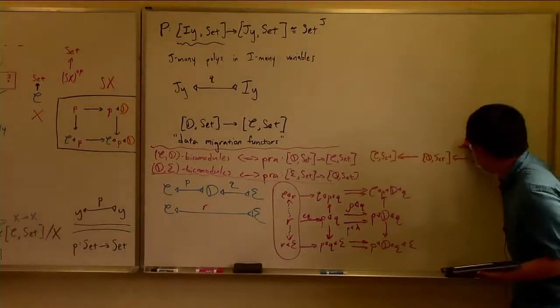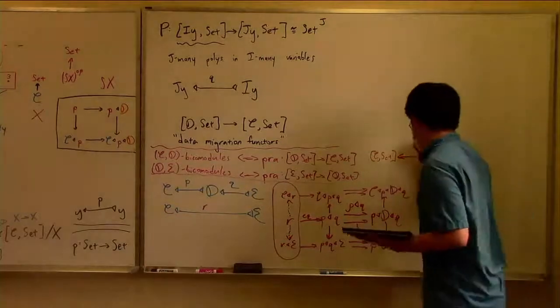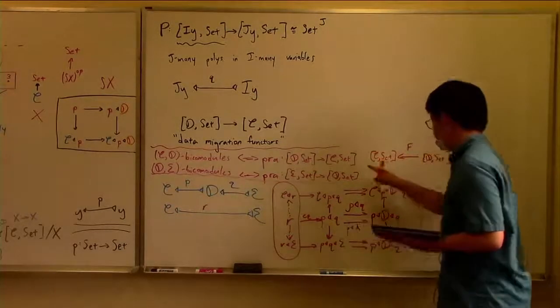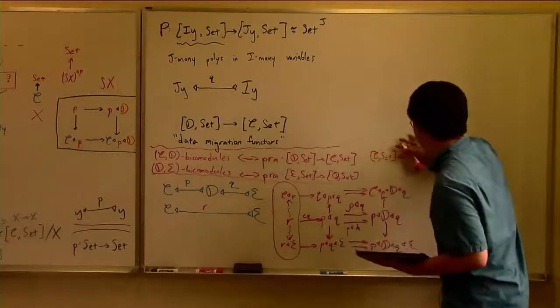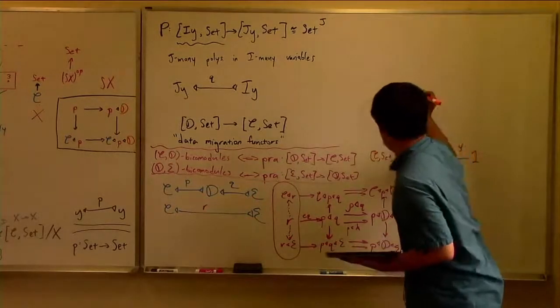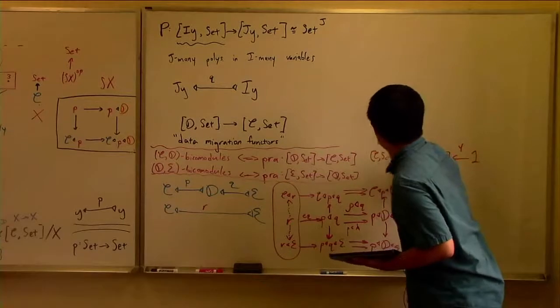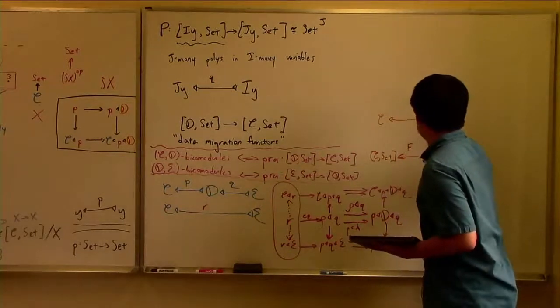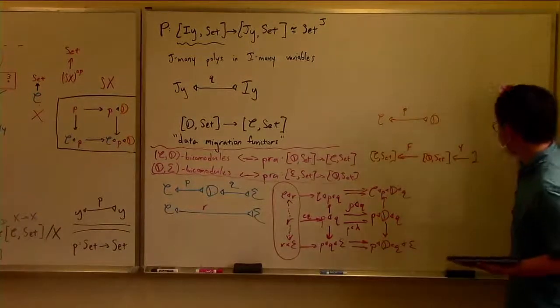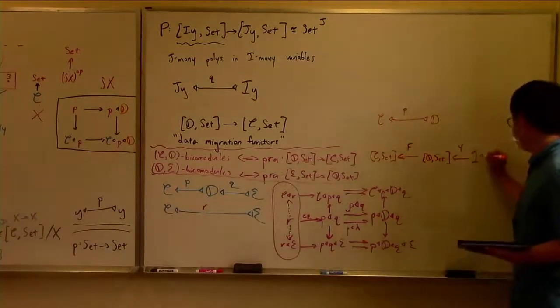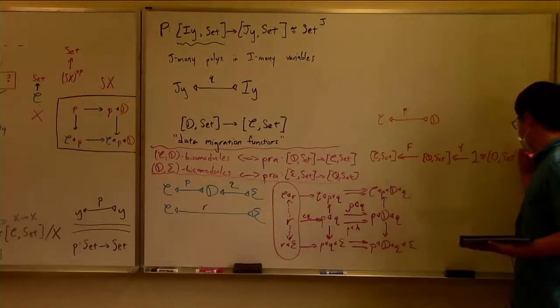So let's call this D set Y, and this parametric right adjoint F. And we're going to say that F corresponds to a CD bicomodule carried by P. And then, well, we know a 1 can also be thought of as 0, set.